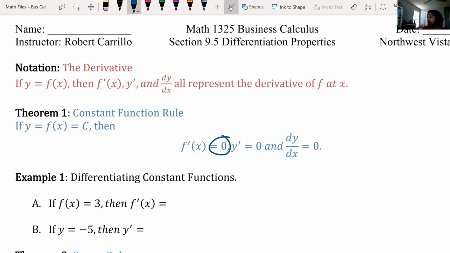So this means f prime of x would be 0, y prime would be 0, or dy over dx would be 0. So the derivative of any constant is 0. And remember, a constant is just a number by itself. So if I said y equals 10, the derivative of 10 would be 0.